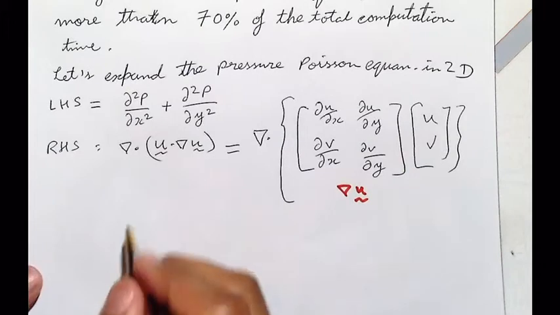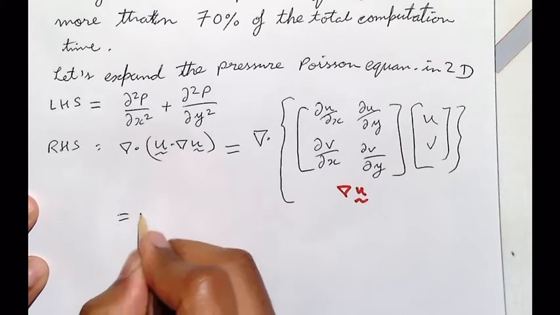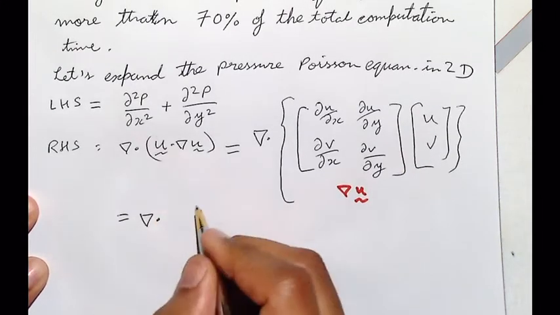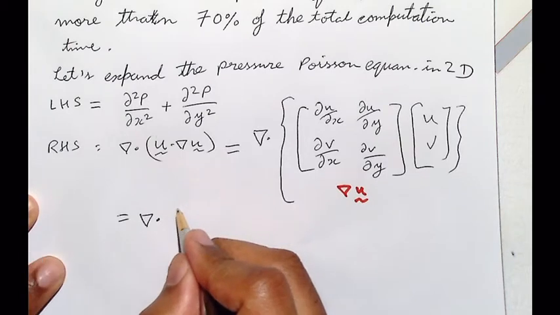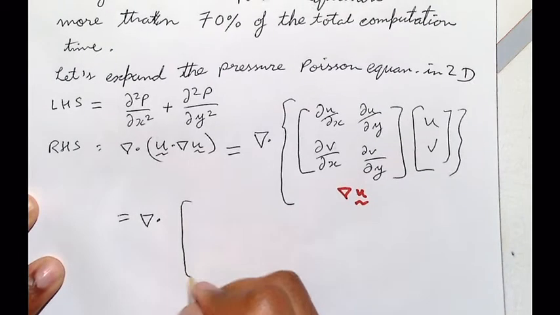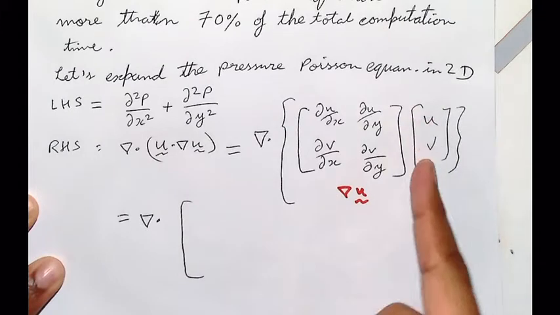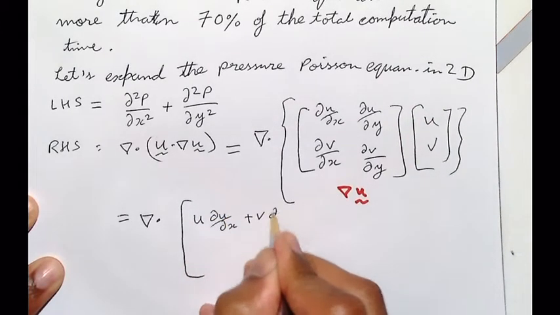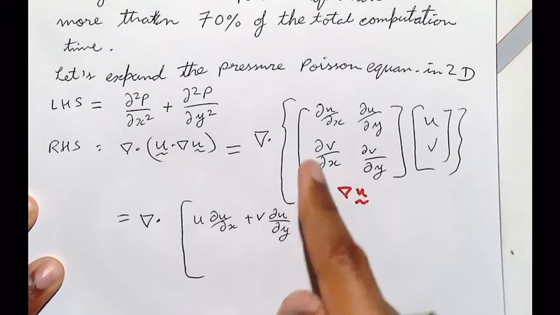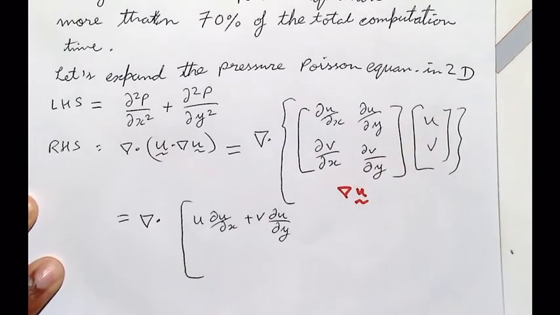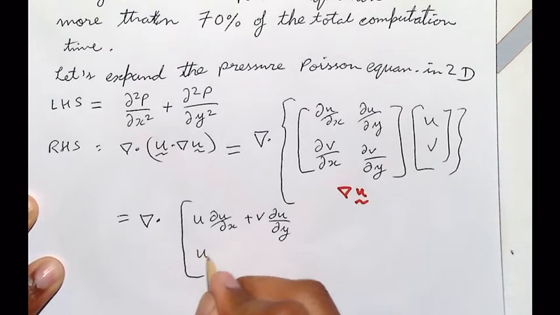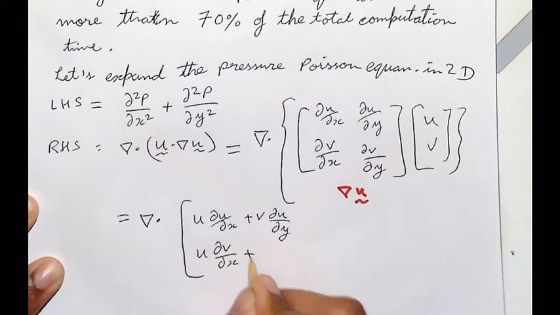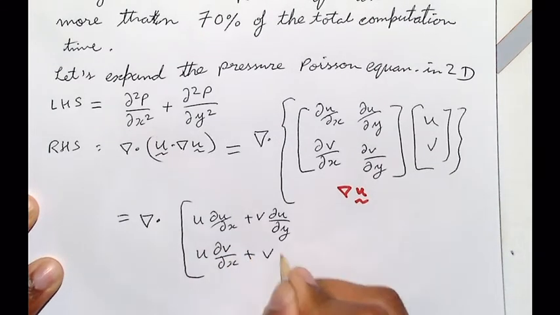So this is equal to nabla dot this times that: u del u by del x plus v del u by del y, and this times that: u del v by del x plus v del v by del y.